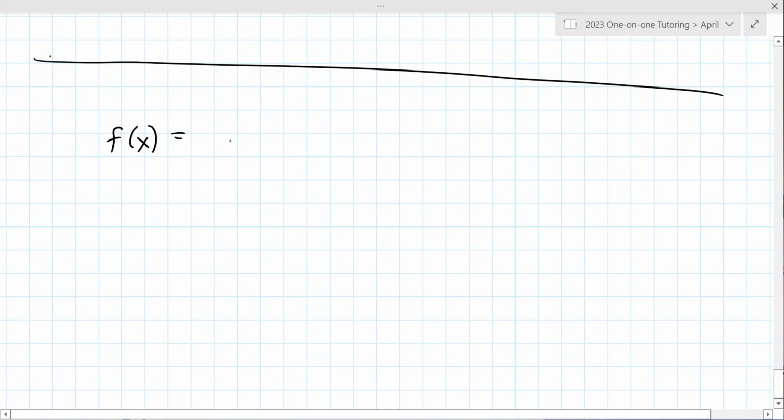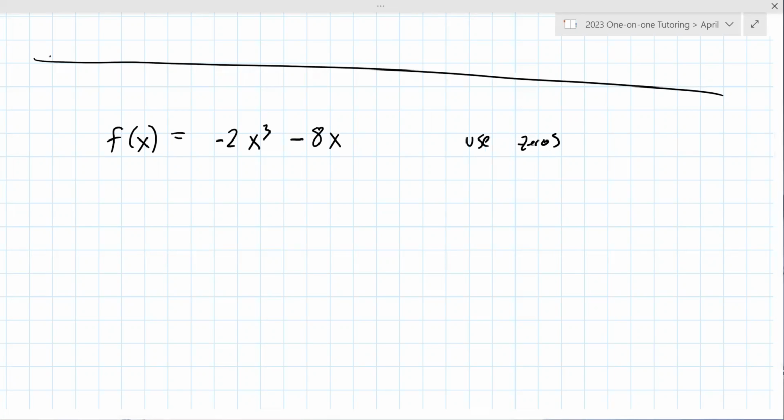So let's say it's minus 2x cubed minus 8x. It said here to use zeros. Basically, I want you to find the zeros of this. You set it equal to 0, and then you apply some sort of factoring technique. Sorry, this needs to be a plus for this to work.